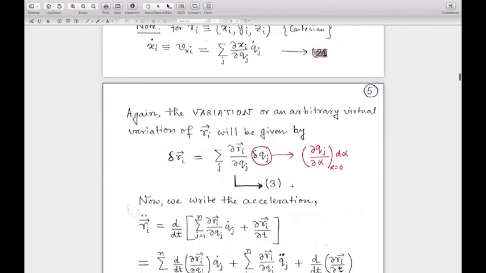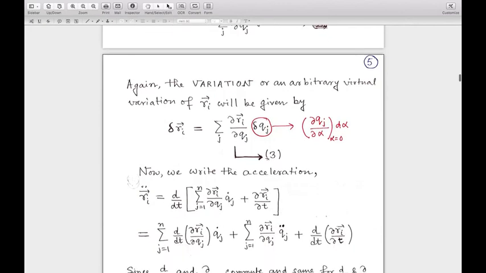Now here you can see that the term which is del Ri del t times delta of t is missing, because delta of t is always 0 by definition, right?